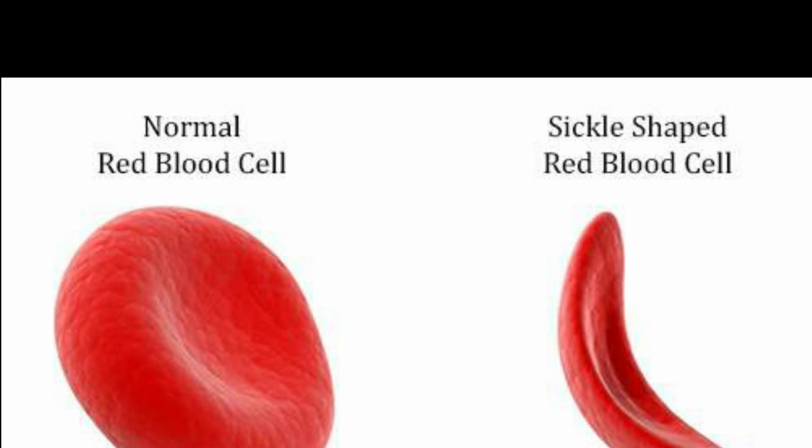Normal RBCs carry a lot more oxygen than sickle cells. Another disadvantage with sickle cell is that normal RBCs circulate freely in the body, while sickle cells adhere to each other and to the walls of the vessels and cause jams, or what is technically known as vasoocclusions.